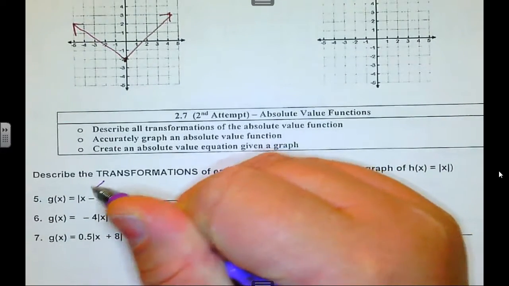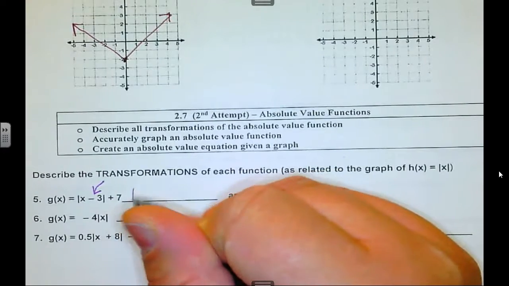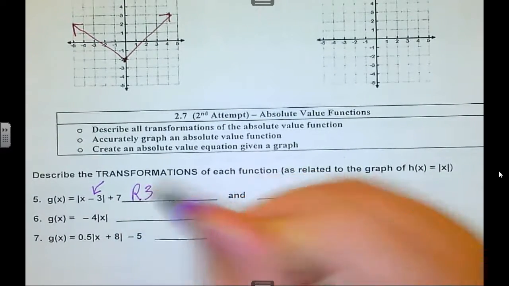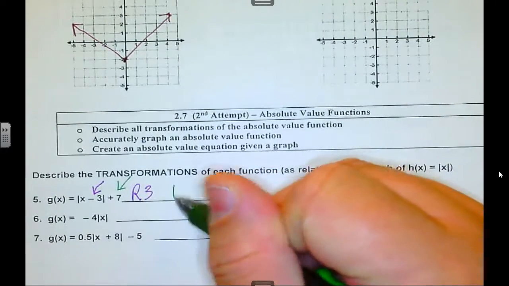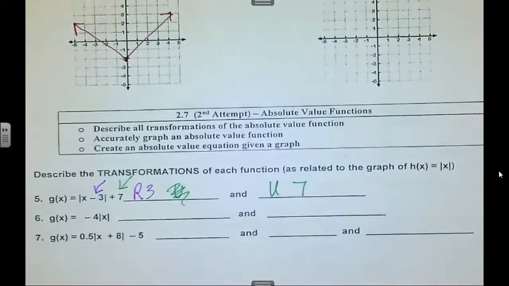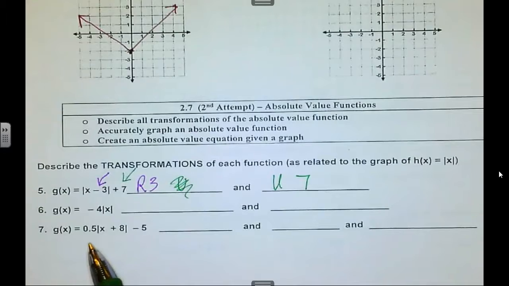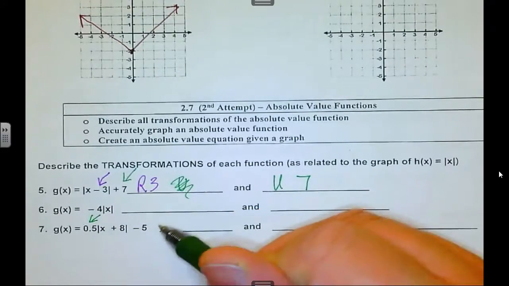Which way do I go inside the absolute values? Right 3. How about outside? Good. What about the number in front being multiplied to the absolute value? That's right.